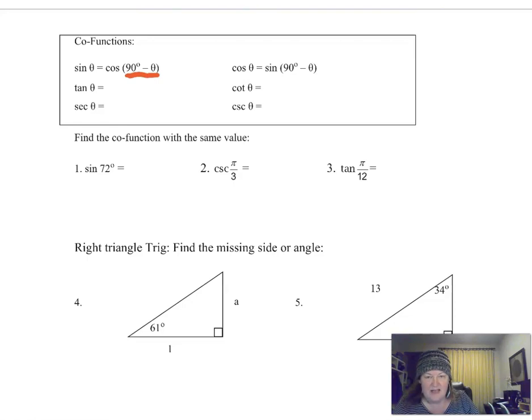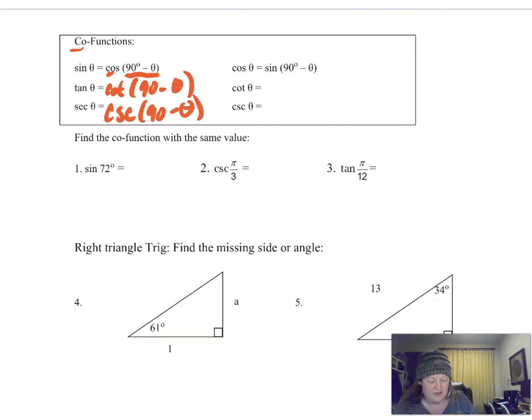So notice that sine and cosine, you get it? Cofunctions are going to be equal to each other if you do the other angle. So guess what? Tangent and cotangent match up if you switch to the other angle. Secant and cosecant are going to be the same fraction if you switch to the other angle, the other acute angle in the triangle, right?